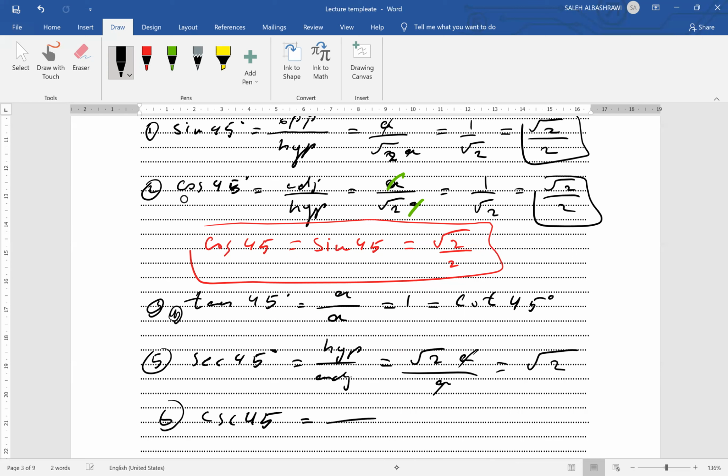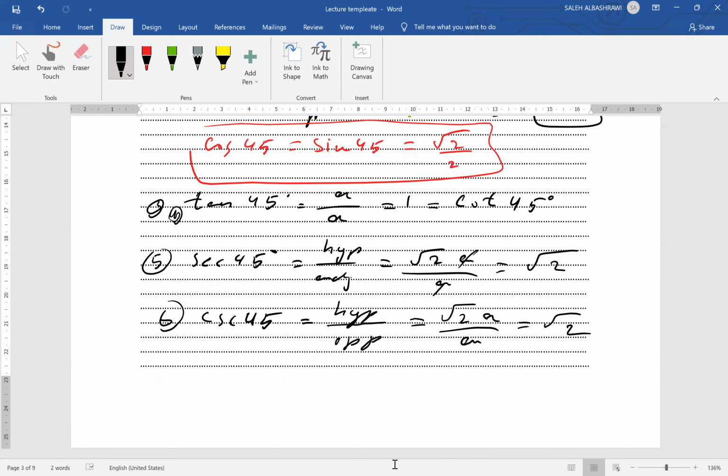It is the same thing. It is hypotenuse divided by opposite. So this is equal to, again, square root of 2 multiplied by A divided by A, which is equal to square root of 2. So we can see that the secant and cosecant are equal.